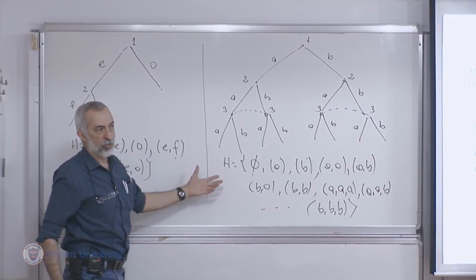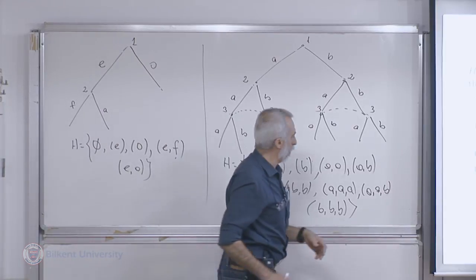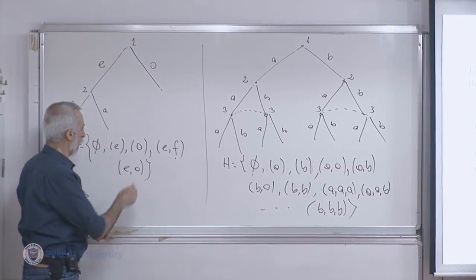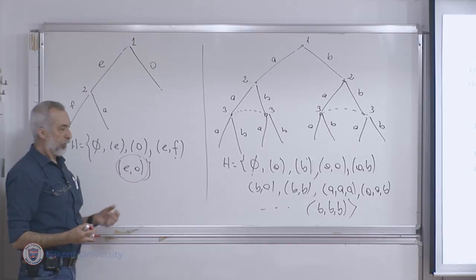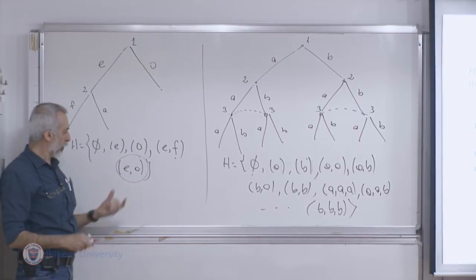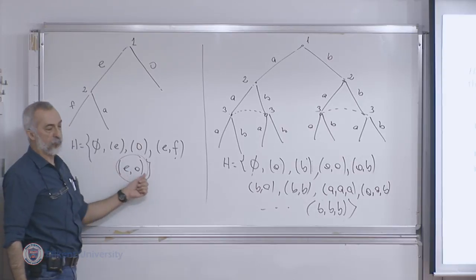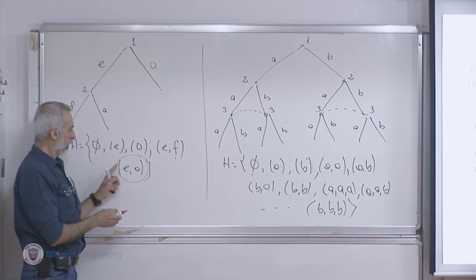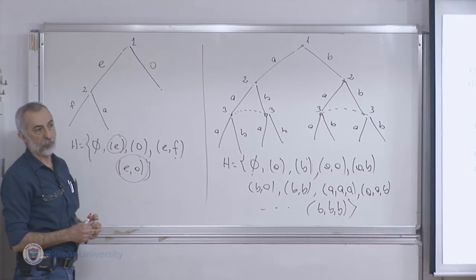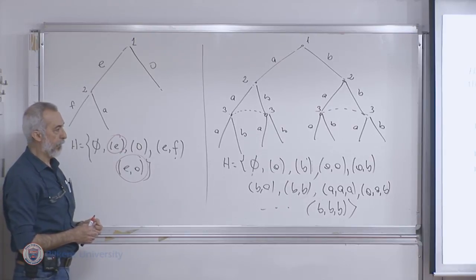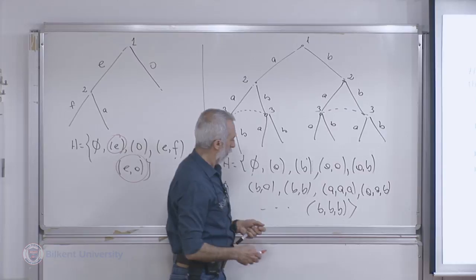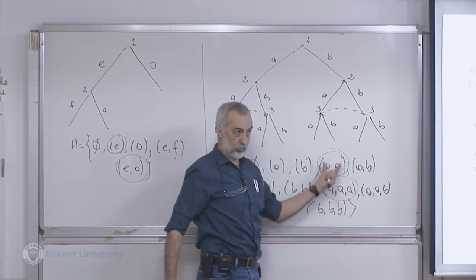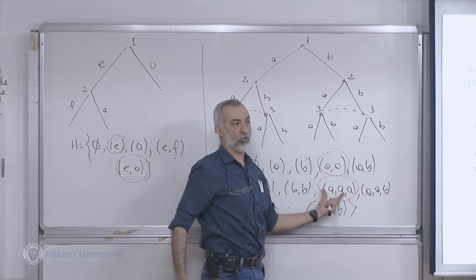What properties does the structure satisfy? First of all, if this is a history, any initial segment of that should also be a history. Since we have observed this set of actions, this history, we should have observed its past. So if EA is a history, then E should also be a history. AA is a history, so the initial segment of this, A, should also be a history.